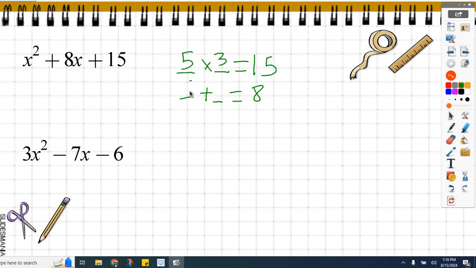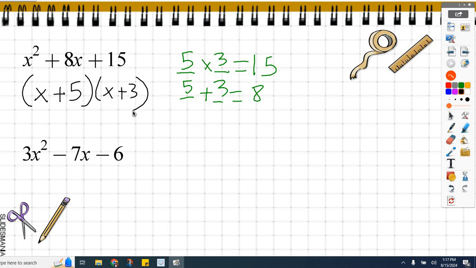And then the nice thing about our leading coefficient of 1 is that those 2 numbers just get placed with the x's. And those are our factors. We're done. We like when we can get our leading coefficient to be 1. Makes it a whole lot easier.